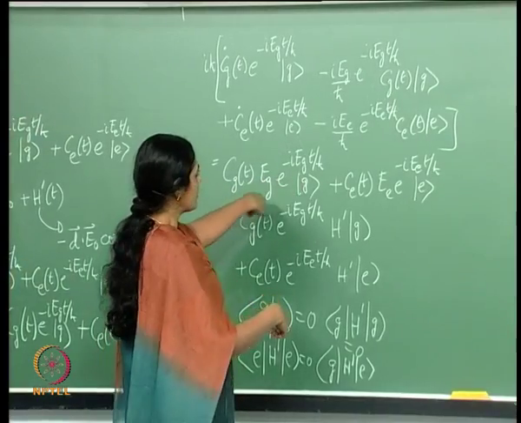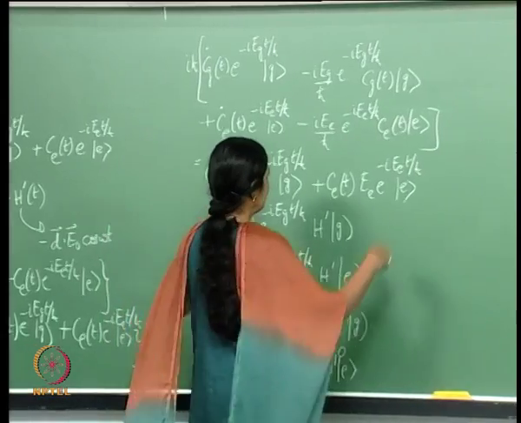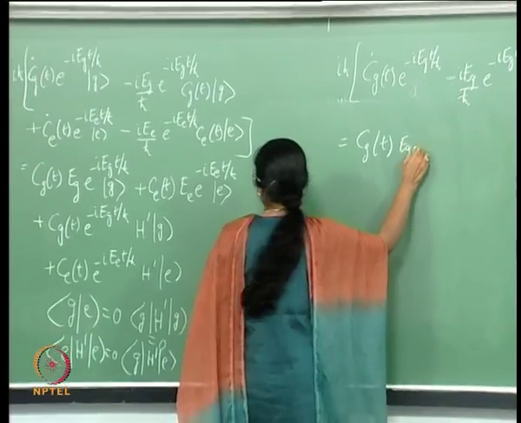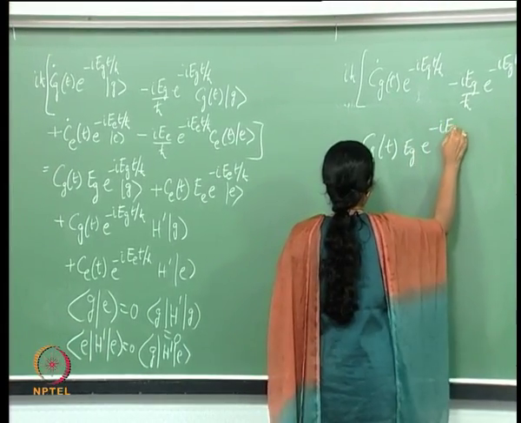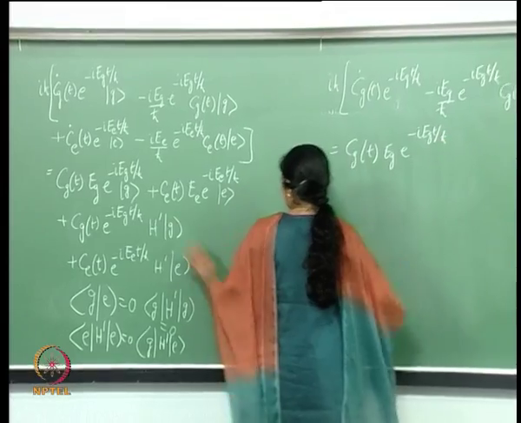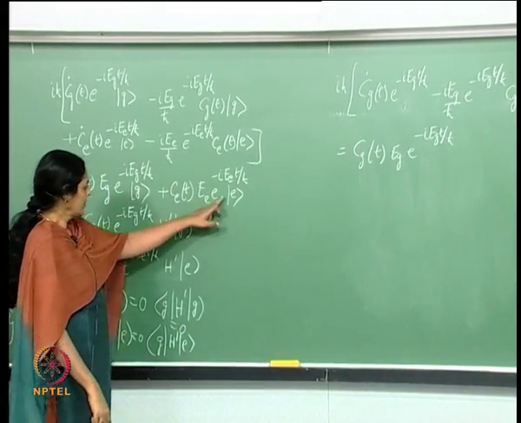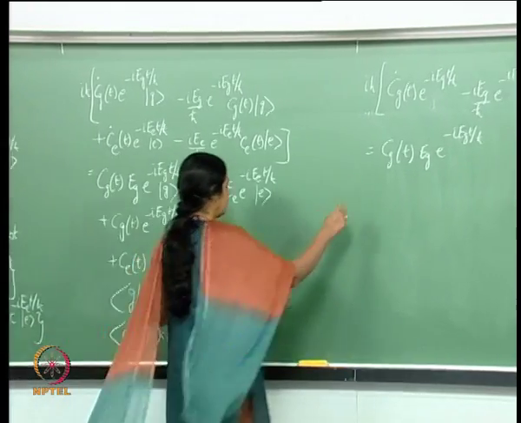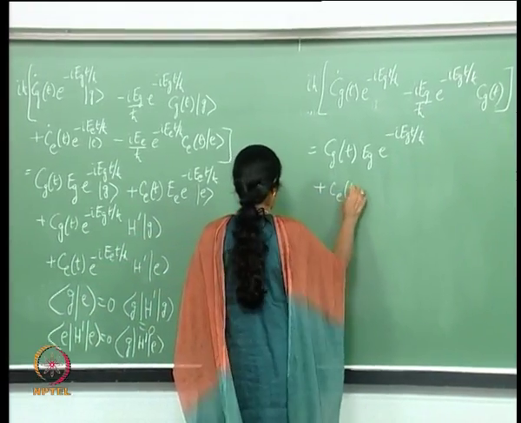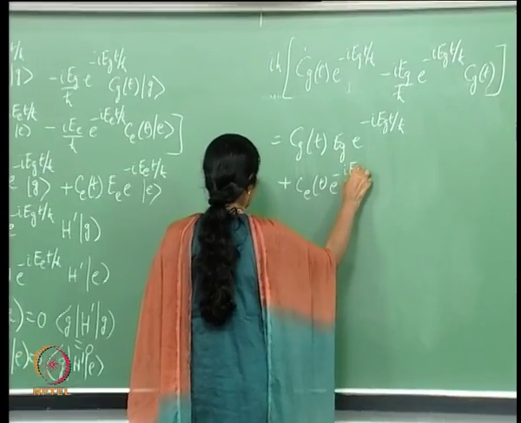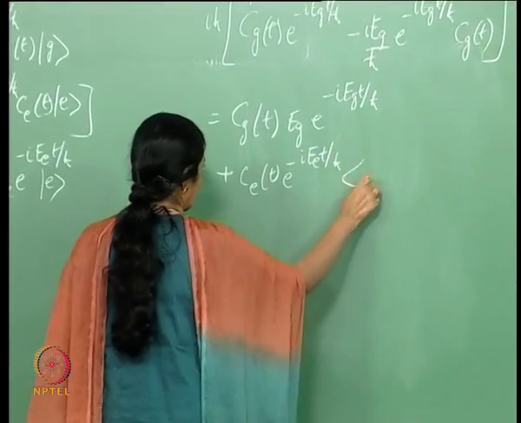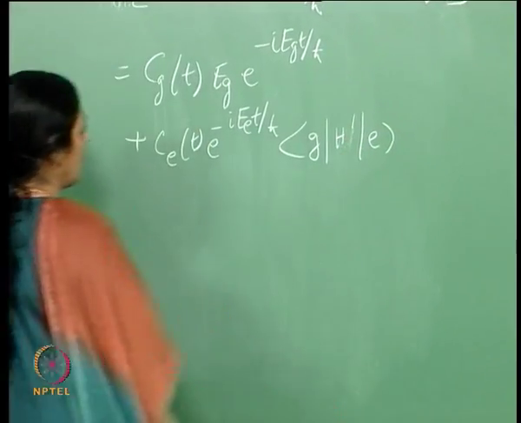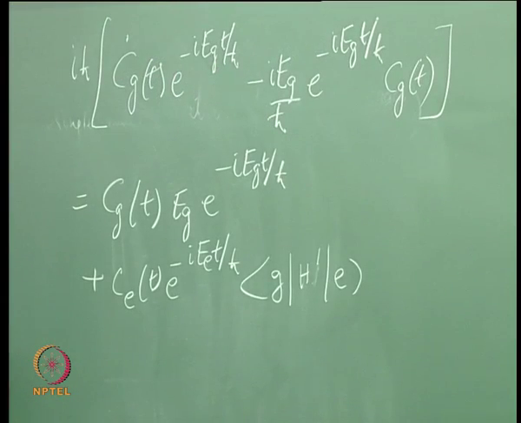So if you look at these terms on the right hand side, you have C_g(t) E_g e^(-iE_g t/ħ). That term survives. This goes, but this survives. This is what I have.